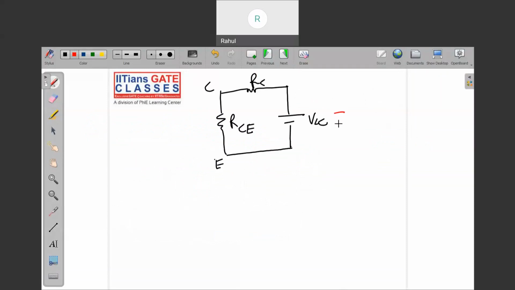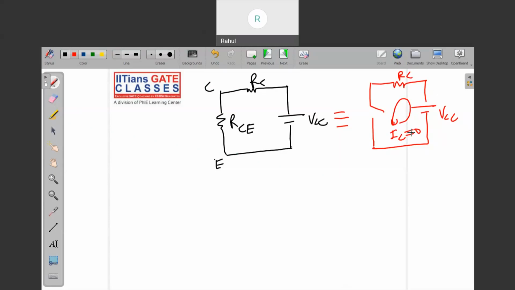It will be equivalent to an open circuit, right? Open circuit, the IC equal to 0. In case of cutoff, if your bipolar junction transistor is in cutoff, the collector current will be 0, okay. These things are very important.